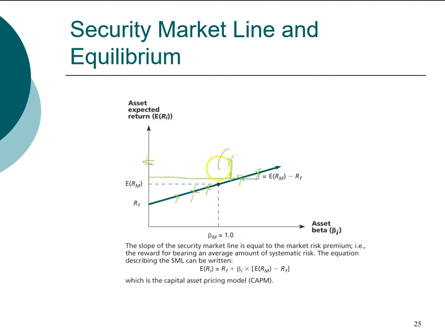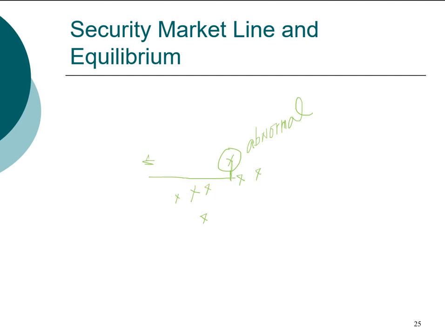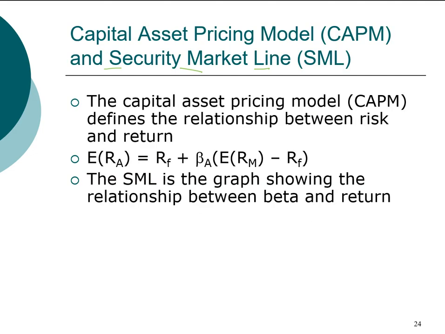Anytime you see a stock that falls above the security market line, this stock earns an abnormal positive return. And if you find a stock that falls below the security market line, this stock earns an abnormal negative return. Now, if the model is correct and the market is in equilibrium, that should not happen.